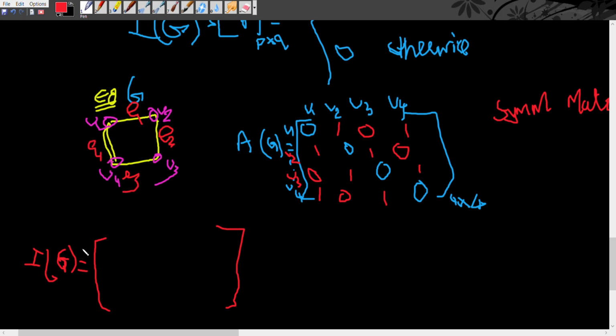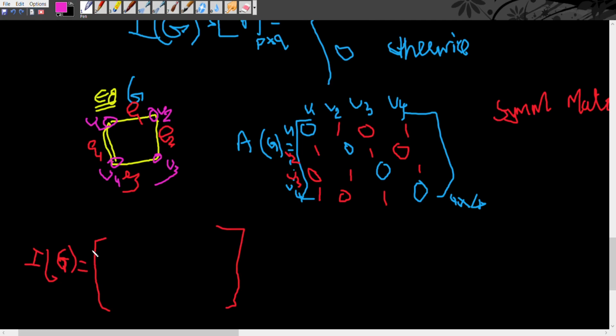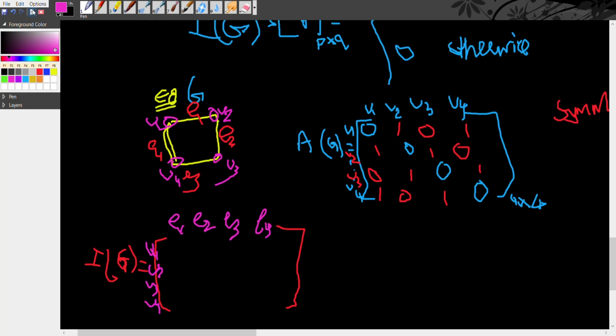You've always got your vertices as your rows, so U1, U2, U3 and U4, and you've got your edges as your columns, so E1, E2, E3 and E4. So is U1 incident to E1? Yes, it is. You can see that E1 is connected to both U1 and U2. So you place ones there.